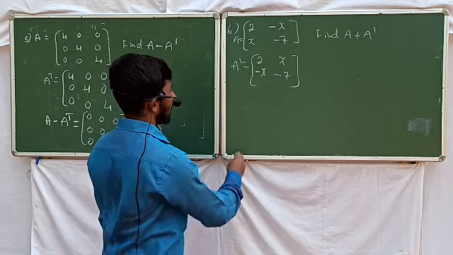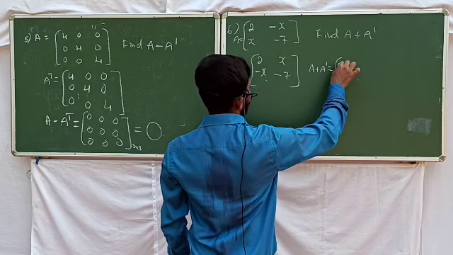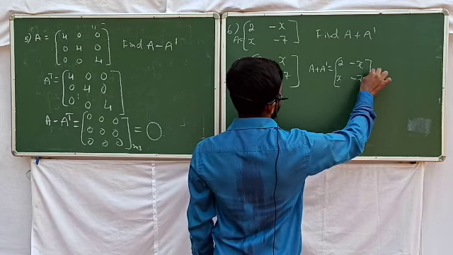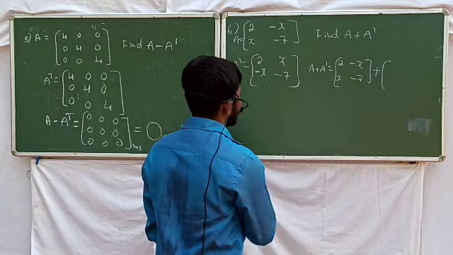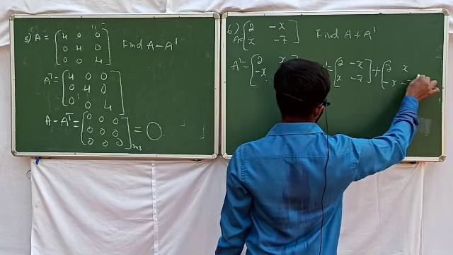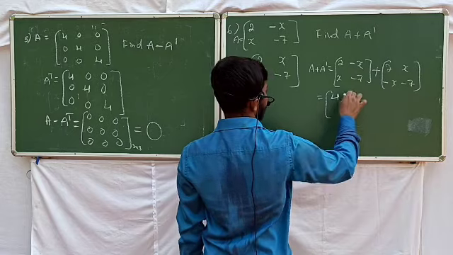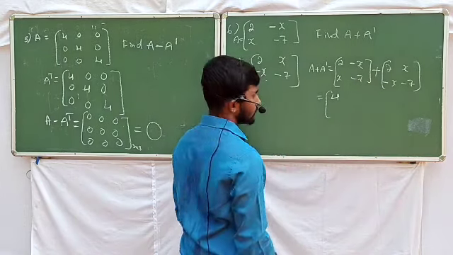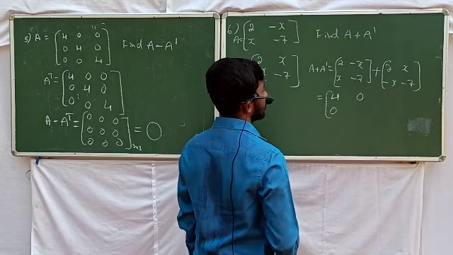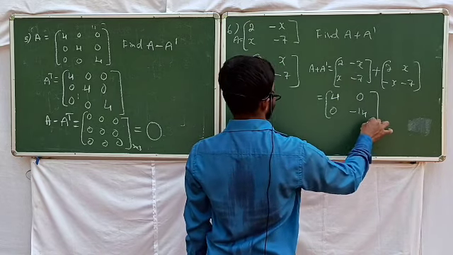Now add these two matrices. A plus A transpose is equal to the matrix 2 minus x, x minus 7 plus its transpose. Add: 2 plus 2 is equal to 4, minus x plus x, its value is equal to 0, x minus x, its value is equal to 0, minus 7 minus 7, its value is equal to minus 14.